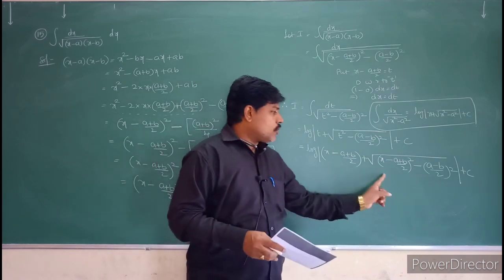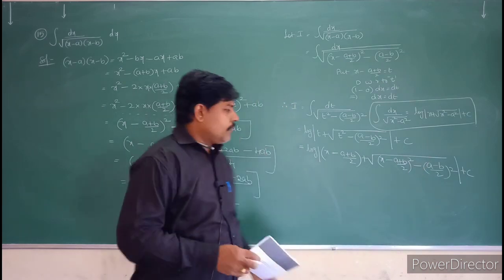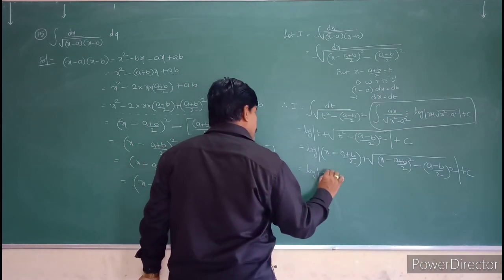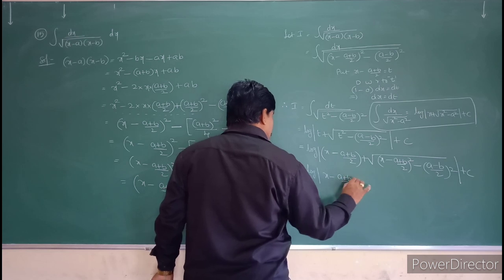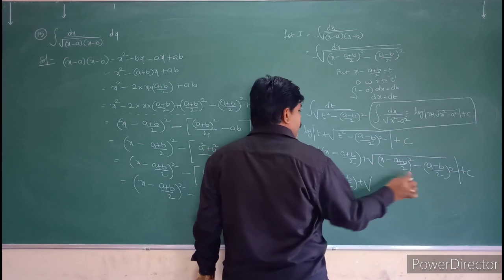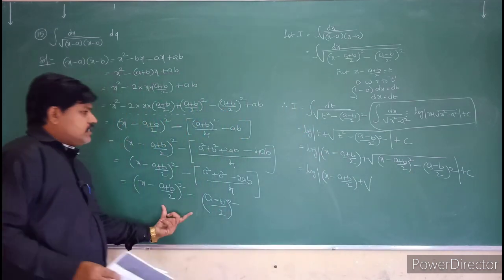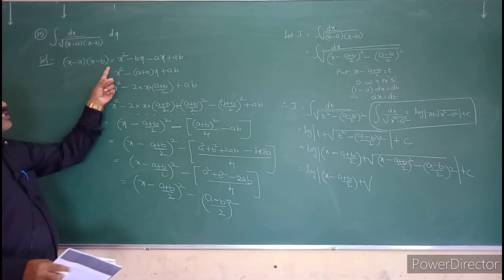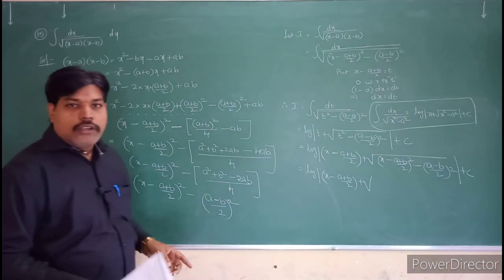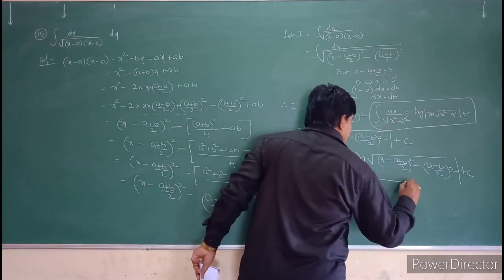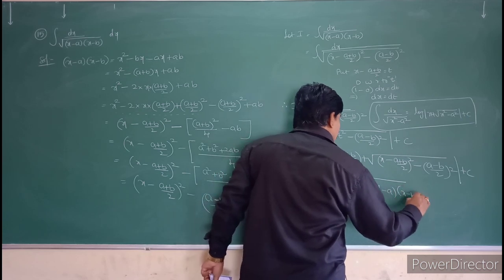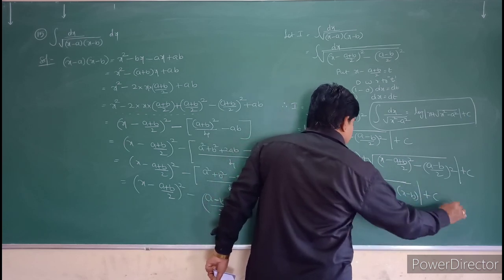That value is nothing but x minus a into x minus b, so you can replace it here: log mod of x minus (a plus b)/2 plus root of (x minus a)(x minus b), plus c.